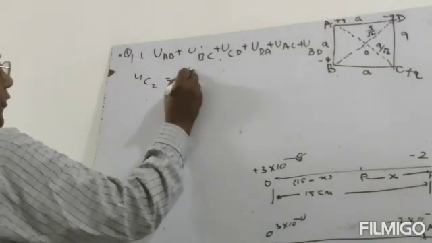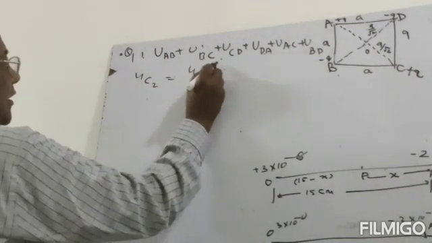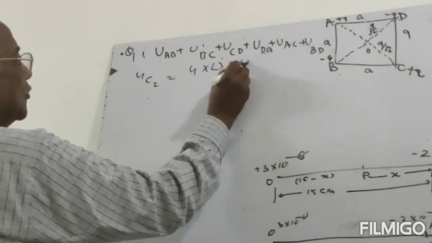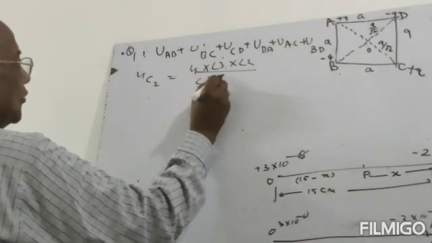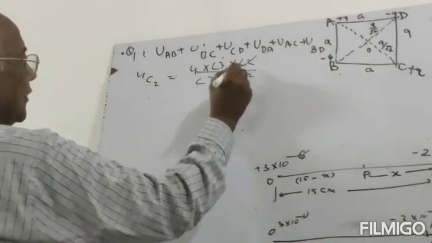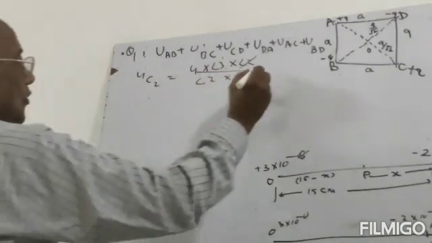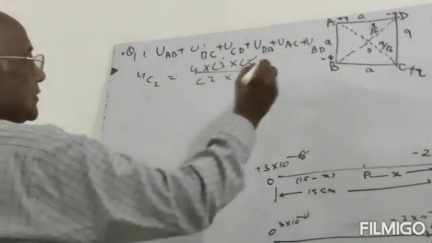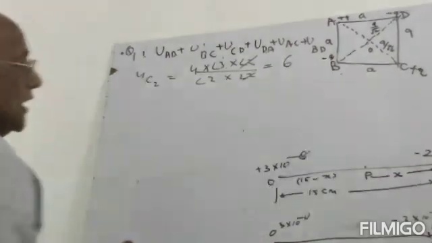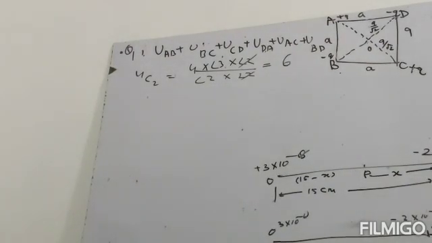4C2 is equal to 4 factorial divided by 2 factorial into 2 factorial. This will cancel, so this will be equal to 6 terms. So there will be 6 terms in the potential energy.